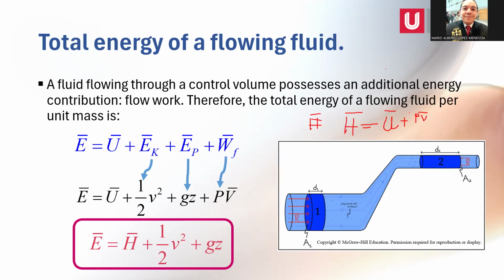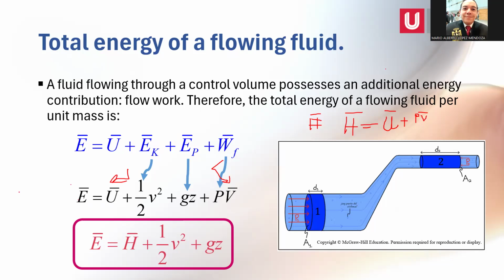This equation is valid for each pure substance in nature. So, if you see in our last equation, here we have the internal energy and this product pressure times specific volume.